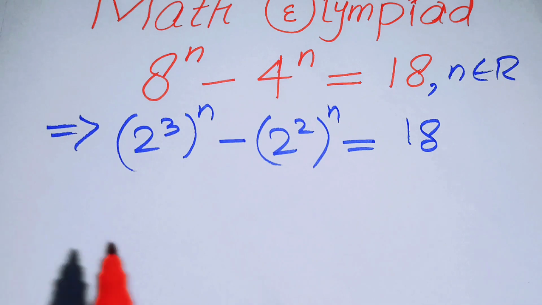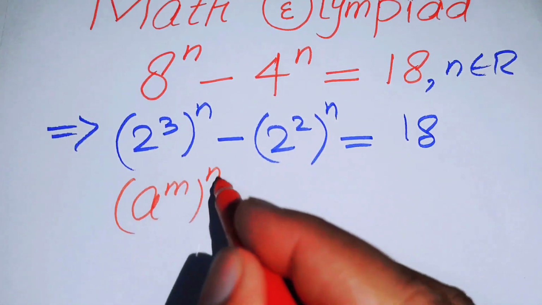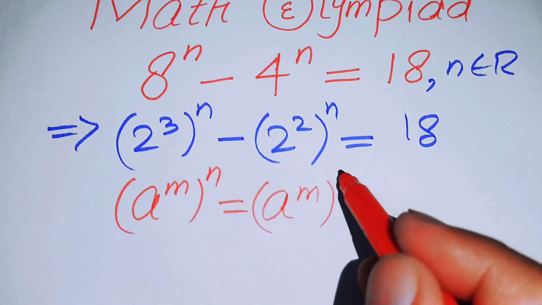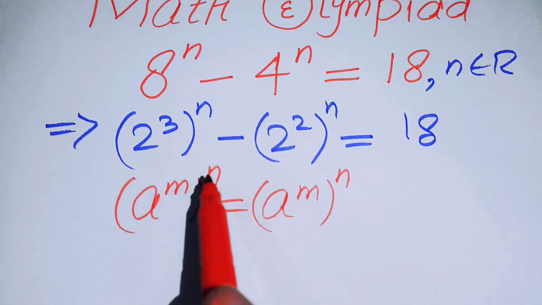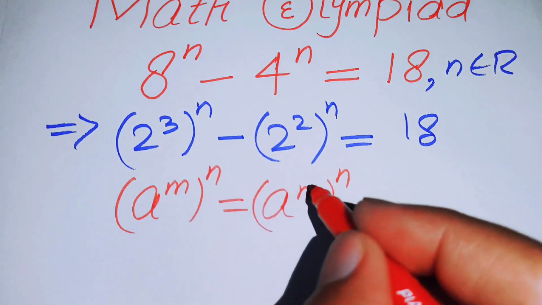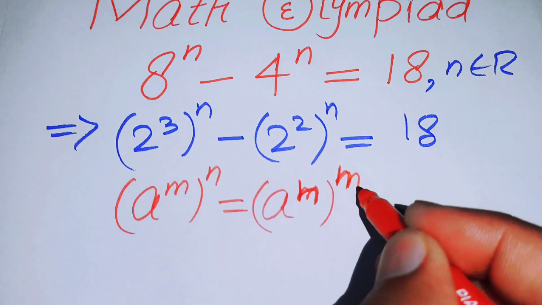If we have a to the power of m to the power of n, it is equal to a to the power of m to the power of n. It means that if you have an exponent to an exponent, then we can interchange these two exponents. Sorry, you can write it as a to the power of n and its whole power m.